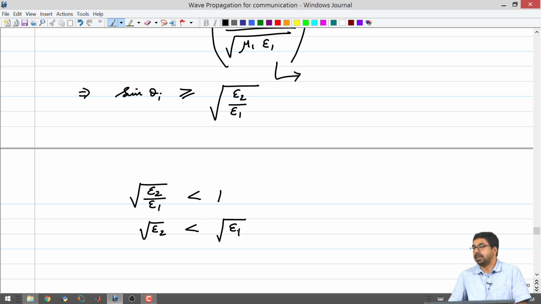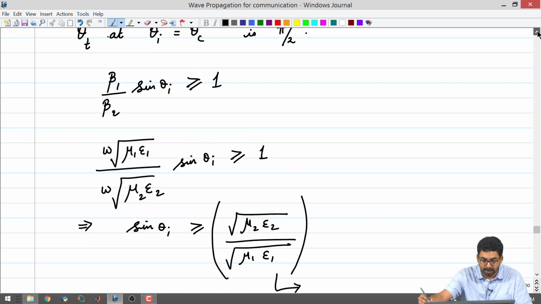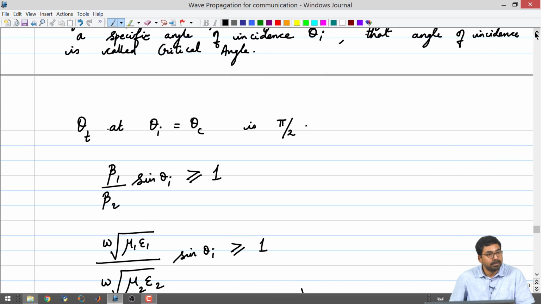If this condition is satisfied, if the first medium has higher permittivity and the second medium has lower permittivity, then there is a chance that theta t will not be clearly defined, that is, sin theta t will look like it is greater than 1 according to Snell's law. We already know that if sin theta t looks greater than 1 according to Snell's law, and you try to calculate cos theta t using square root of 1 minus sin square theta, you are going to get a pure imaginary number.